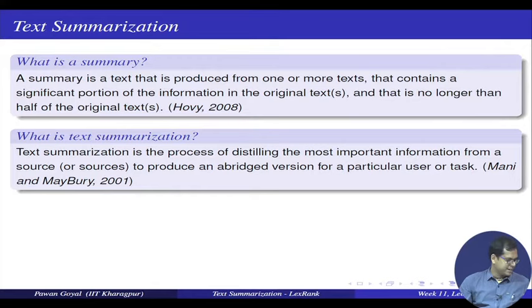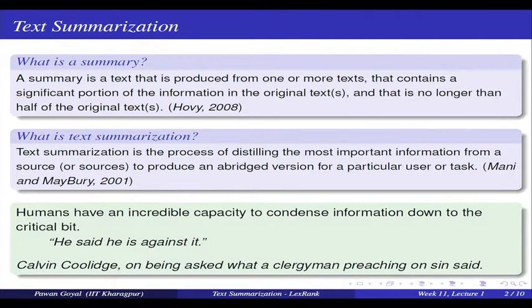So this is like Calvin Coolidge. He heard a lecture for 4 hours from a clergyman preaching on sin, and somebody then asked what did he say. He mentioned in one bit that the person said he is against it. So this is like condensing the information to the very critical bit. Humans are very, very good at that.